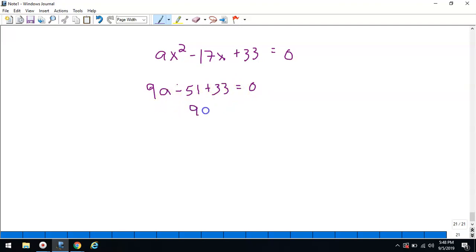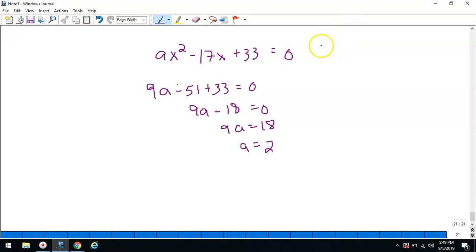So 9A, negative 51 plus 33, minus 18 equals 0. 9A equals positive 18. So A is equal to 2.